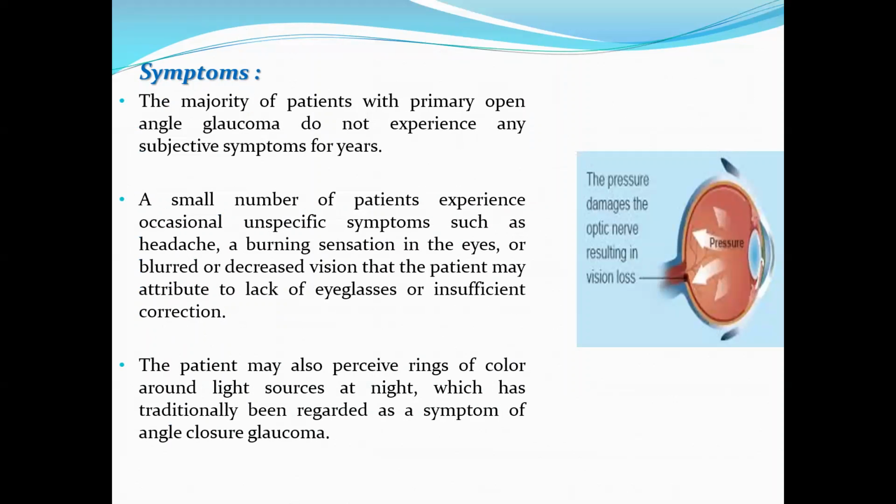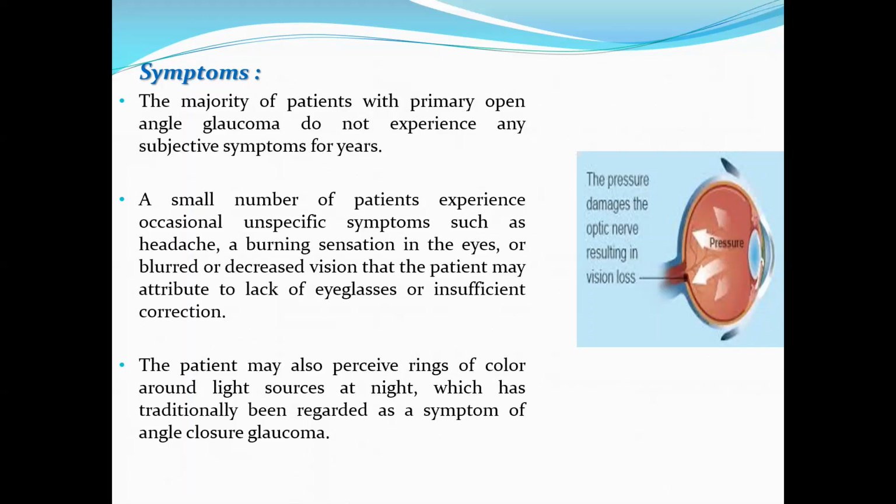The symptoms of open-angle glaucoma: the majority of patients with primary open-angle glaucoma don't experience any subjective symptoms for years, and this is dangerous because the final stage of glaucoma may be blindness.